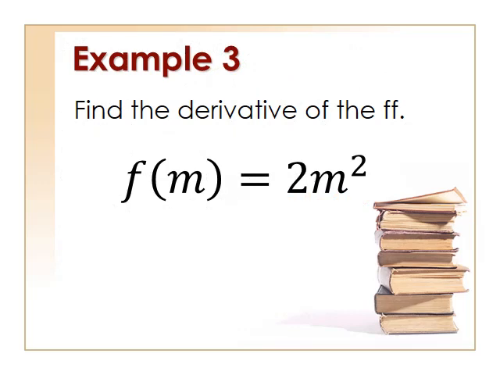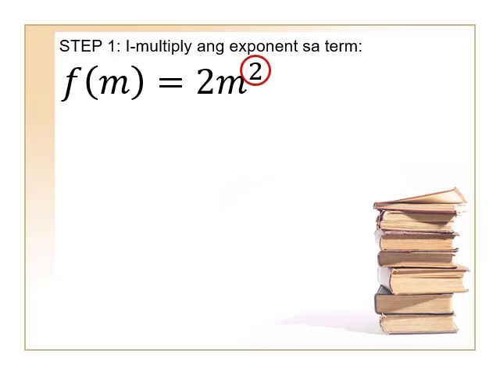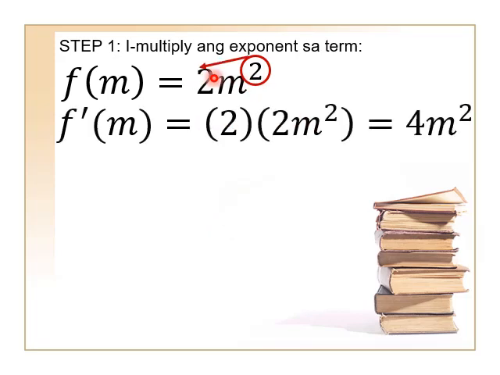Okay, find the derivative of the following. So, f of m is equal to 2m squared. Okay, so i-multiply natin ang exponent sa term. So, yung 2, ibababa natin. So, magiging 2 times 2, magiging 4.